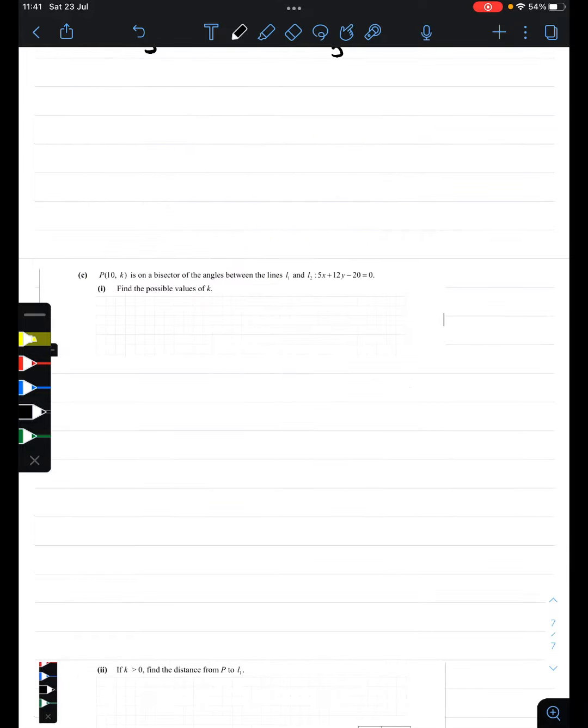Now, on to part C. P (10, k) is on a bisector of the angles between the lines L1 and L2. Find the possible values of k. Okay, well, let's just write down L1 again: 3x - 4y - 12 = 0.